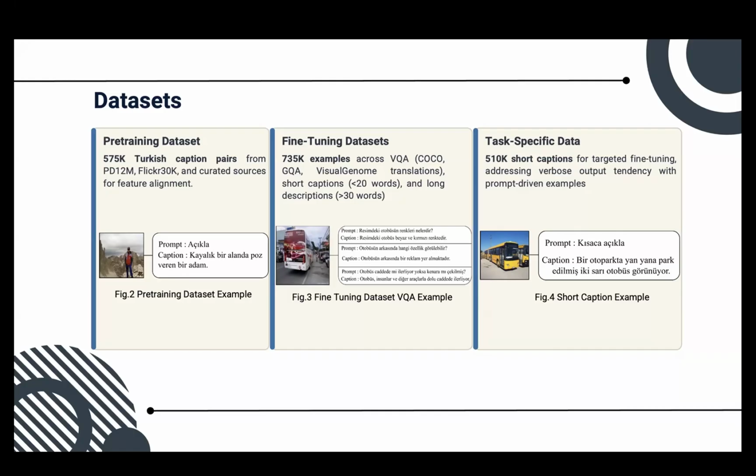Additionally, we created a specialized dataset of 510,000 short captions for targeted fine-tuning. This addressed the model's initial tendency toward verbose outputs with carefully designed prompt-driven examples that teach conciseness. All datasets have been created and are publicly available.